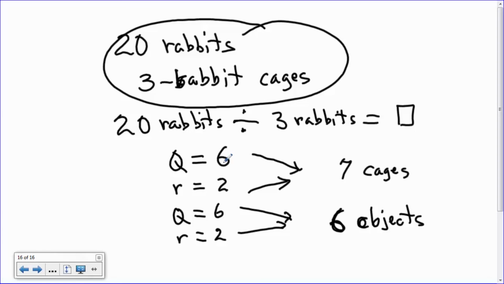Okay, I think that finishes our computational strategies for division. And I don't think there's anything else I need to discuss except this one thing. When you're performing division, make sure you, first of all, identify whether it's a partitive division or quotative division problem. Why? Because it influences the answers that you get.